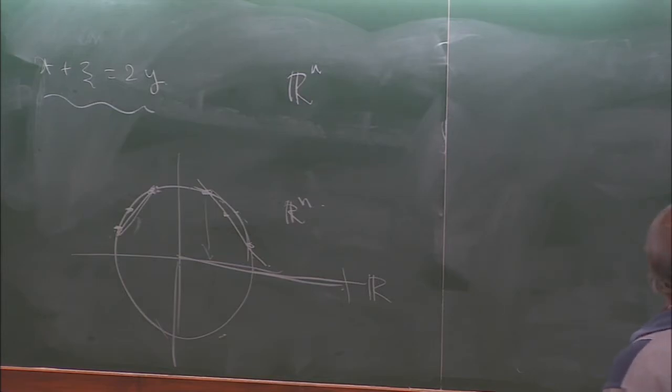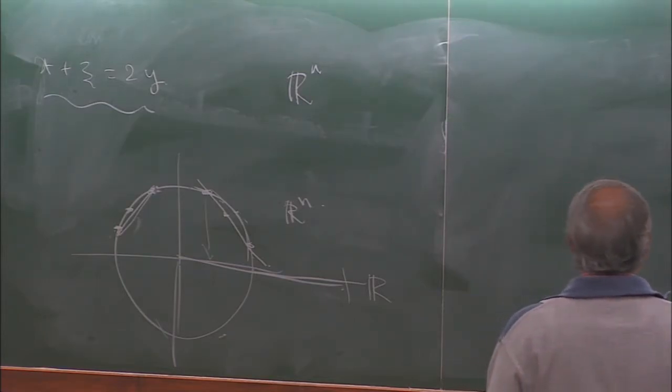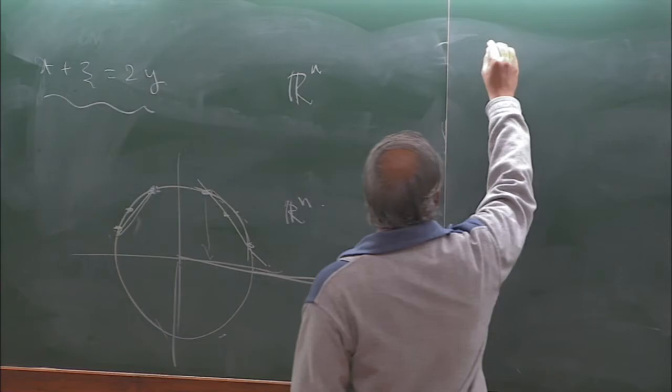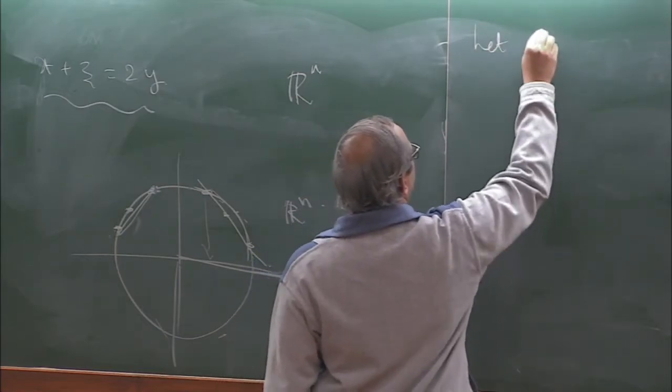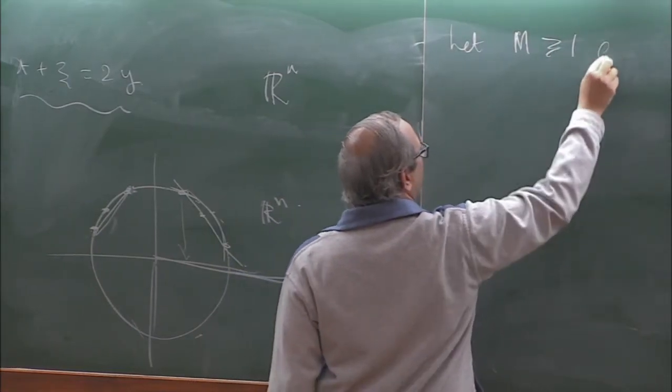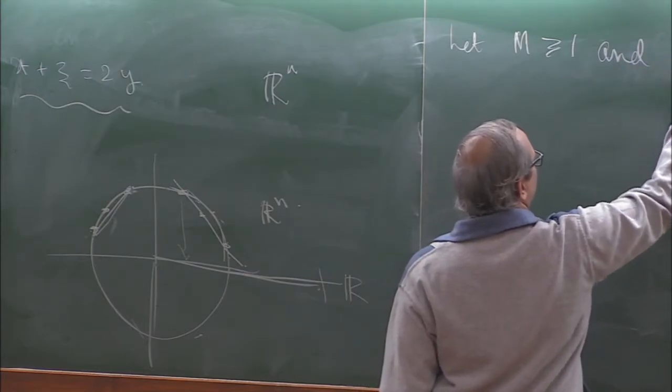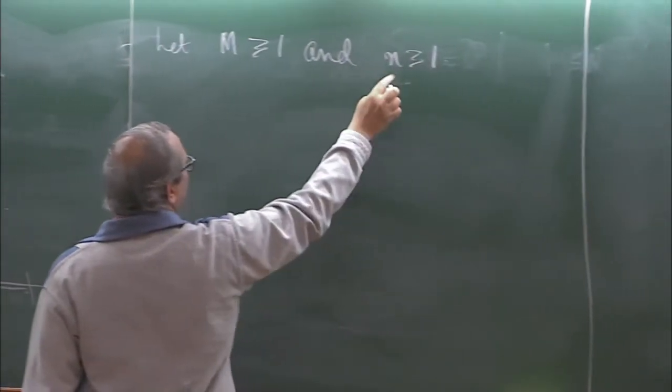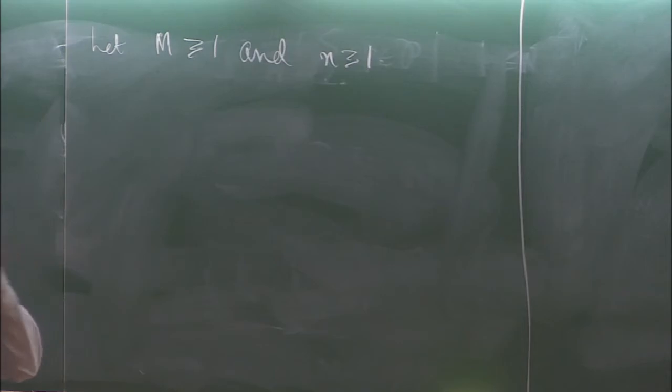So first, what should one do? You consider, let m be greater than or equal to 1 and n greater than or equal to 1. These two numbers will be fixed at the end, depending on our requirements. So let m and n be two integers greater than or equal to 1.